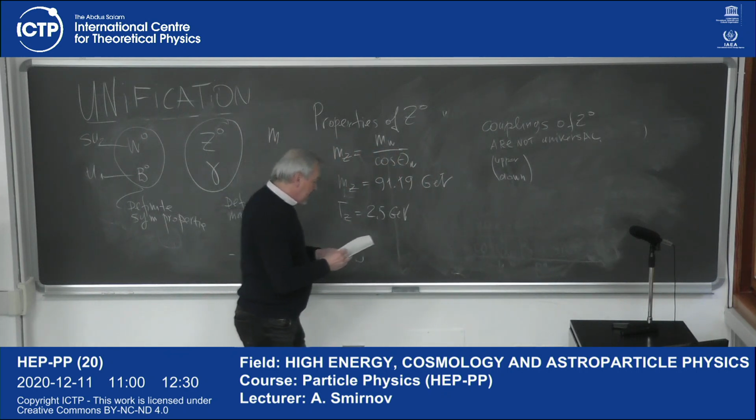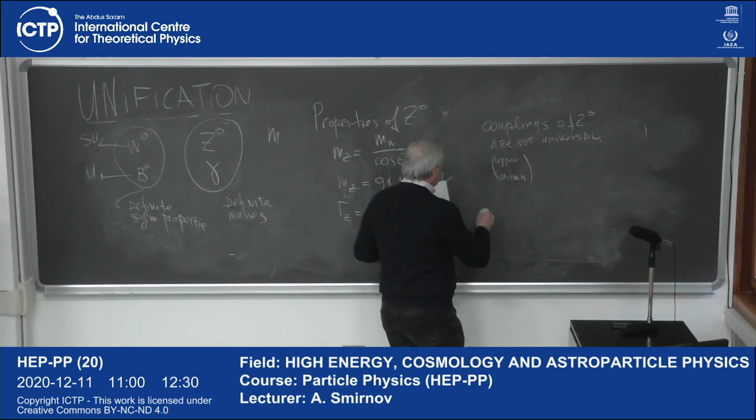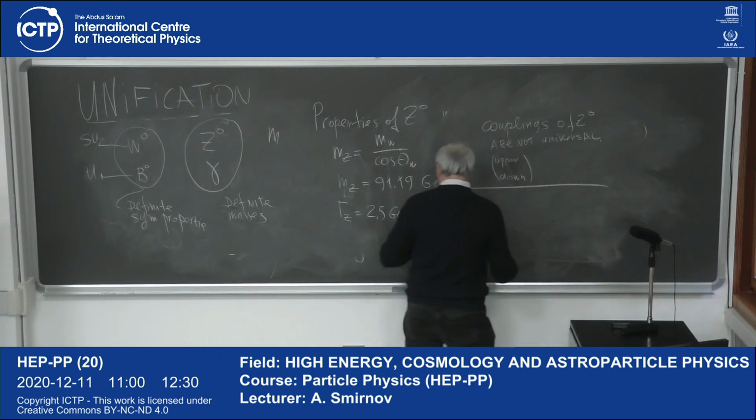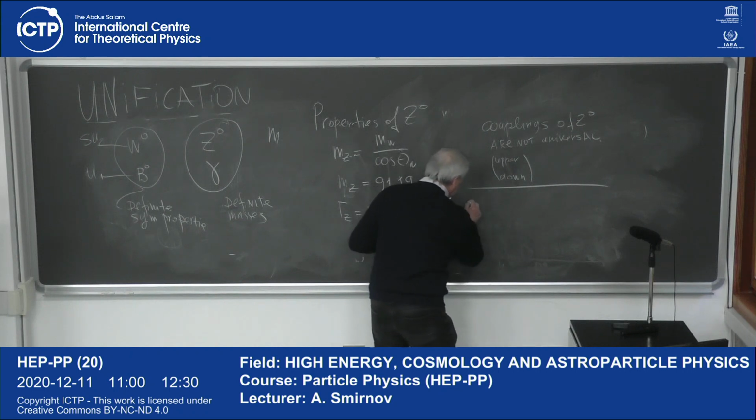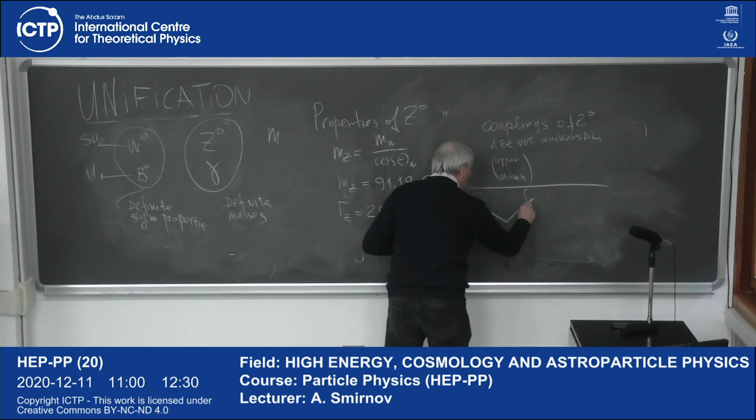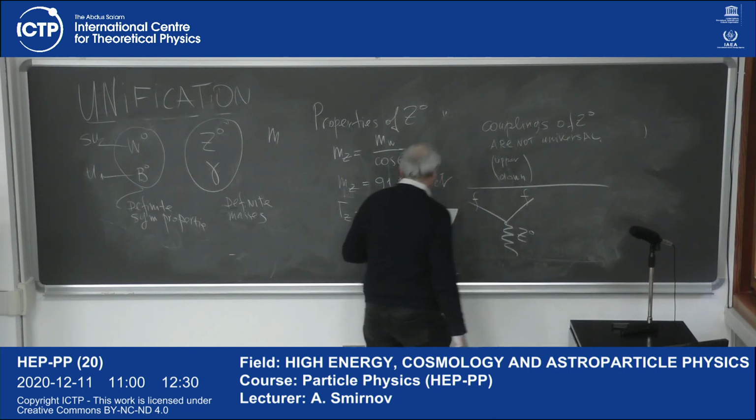So there is no such universality as in the case of the doublet. Now, the coupling is of the form fermion to fermion and then Z0.